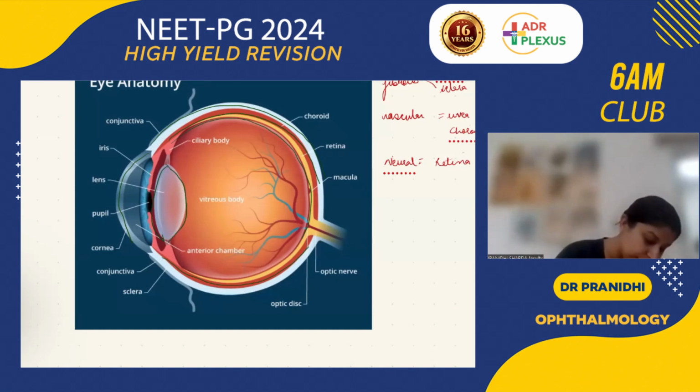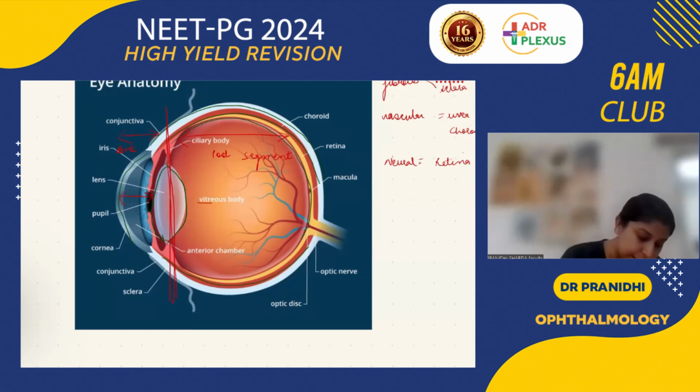This is a cut section of the eyeball, and as you can see, this lens divides the eye into two parts. What are these two parts?